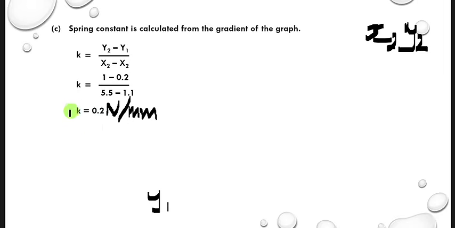So you change this one into meters. No, it will be the same. So just remove this one, it will qualify like that. So it will be 0.2 Newton per meter. That will be the units.